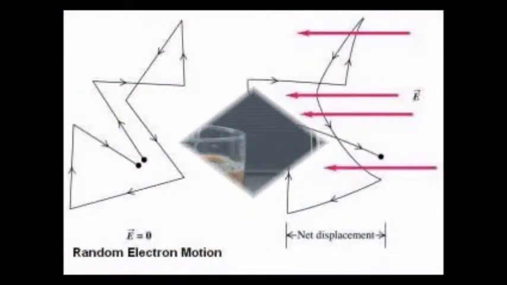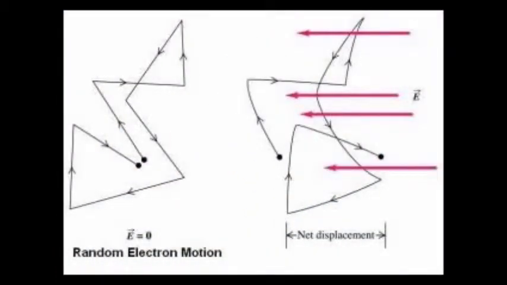The motion of free electrons in a conductor is random, with no particular direction or speed.